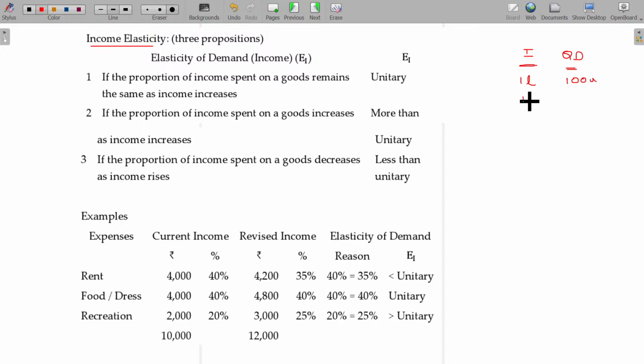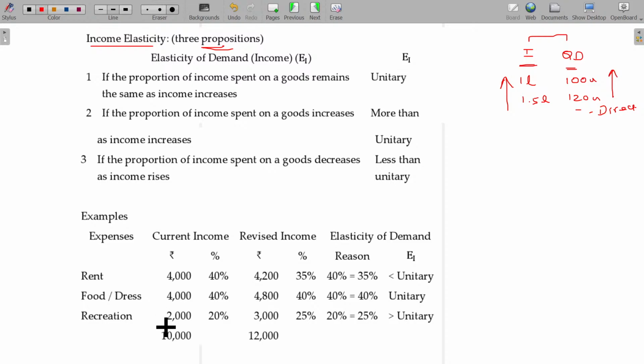If income is 1.5 lakhs, then quantity demanded could be 120 units, like that. Now, the relationship between income and quantity demanded is always what? Direct proportion. These two have a direct relationship. If income increases, quantity demanded also increases. Here, for income elasticity, we will understand 3 propositions.